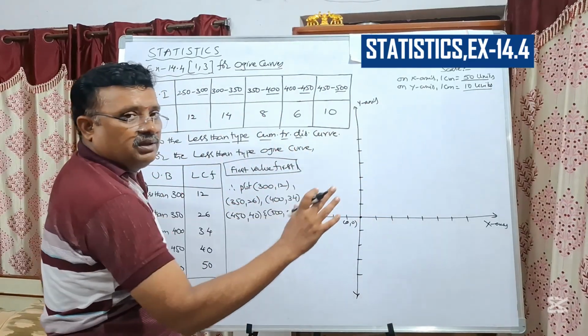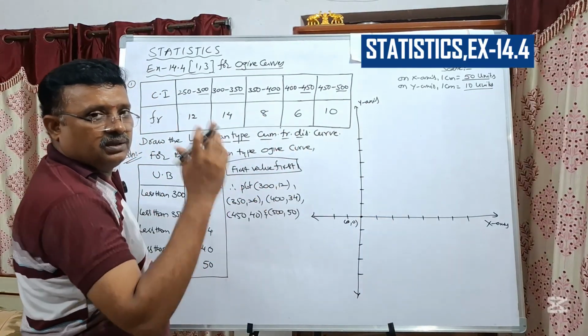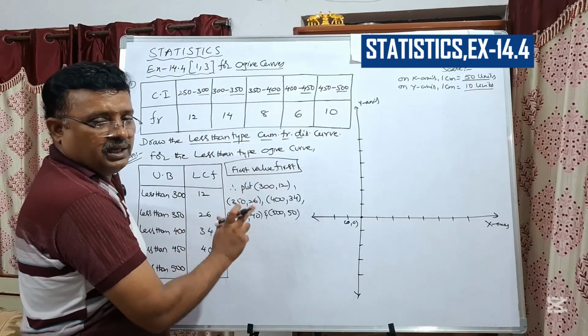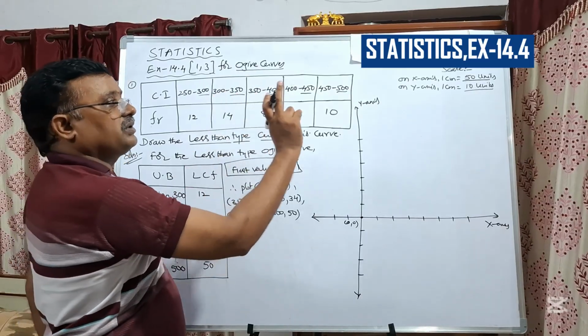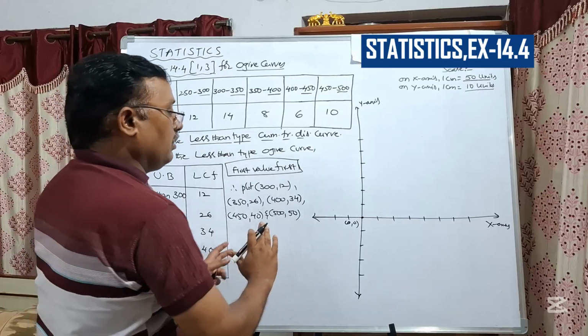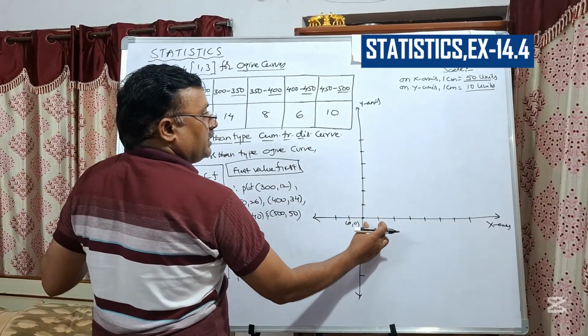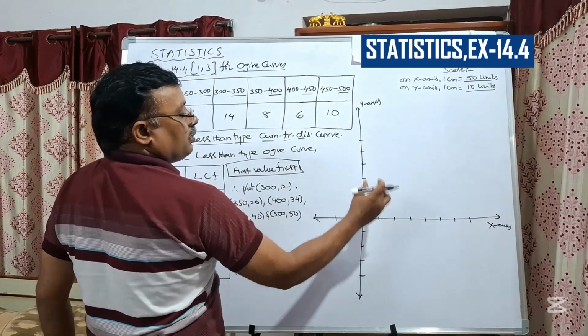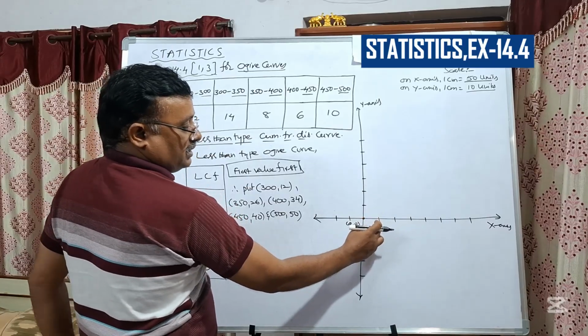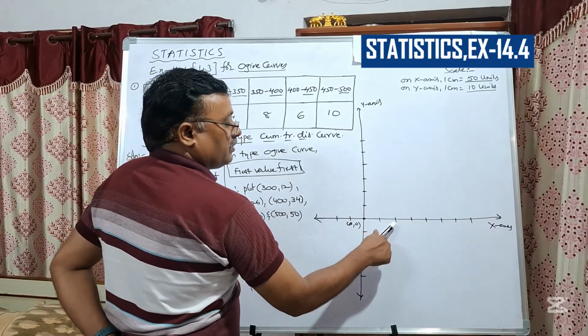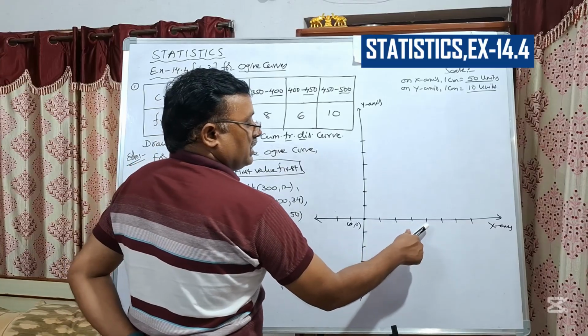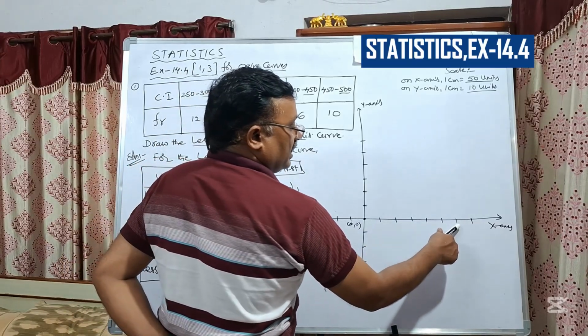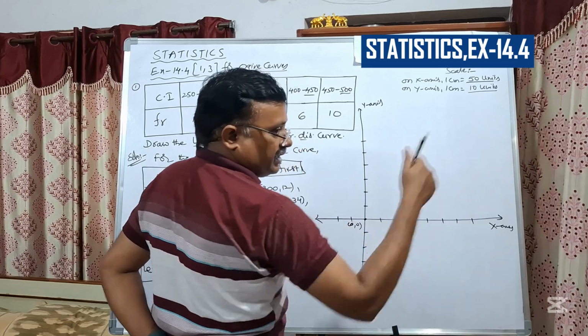That scale will vary from question to question, so logically we need to think about the numerical values and write it properly. Then automatically the x-axis will have 1 centimeter equal to 50 units, so it becomes 50, 100, 150, 200, 250, 300, 350 and so on.